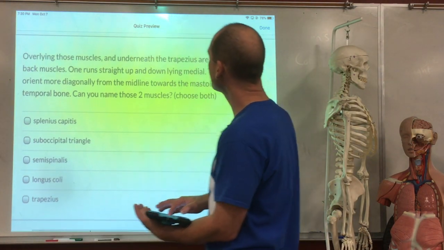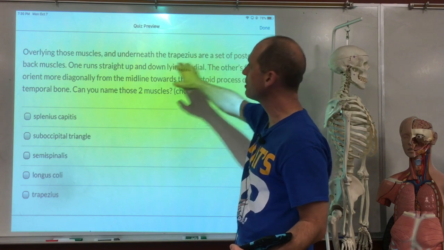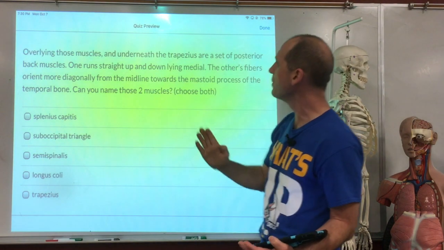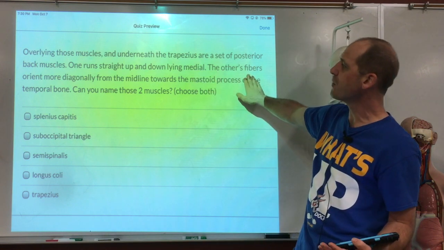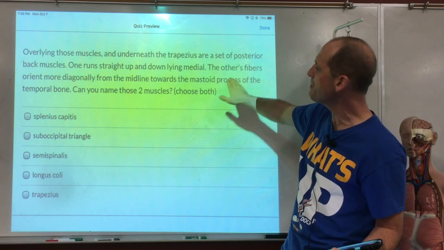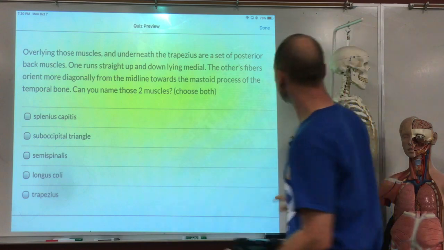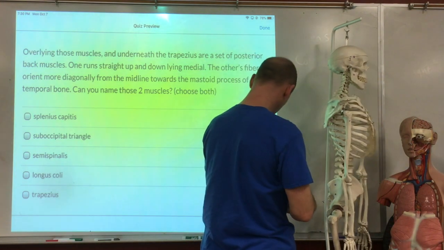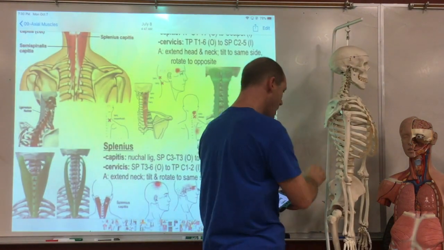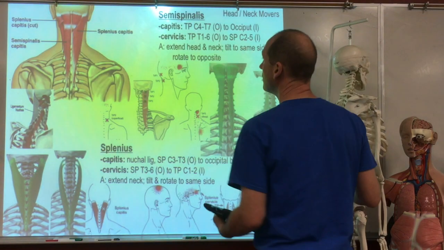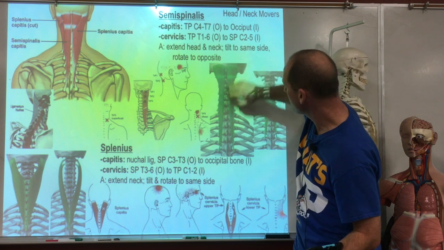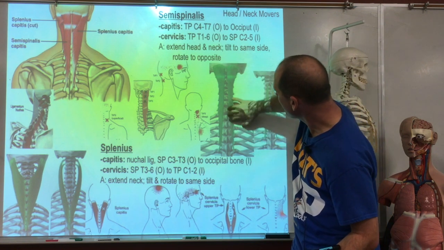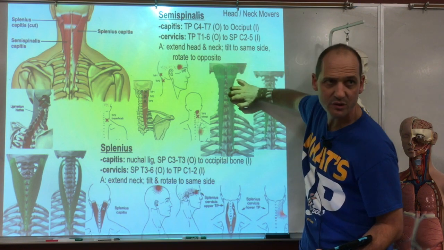Overlaying those muscles, underneath the trapezius, are a set of posterior back muscles. One row is straight up and down, laying medial, and the other one's fibers are more oriented diagonally from the midline towards the mastoid. So when we look at those, one goes mostly up and down, maybe slightly from the outside to the inside, some fibers, very slightly.